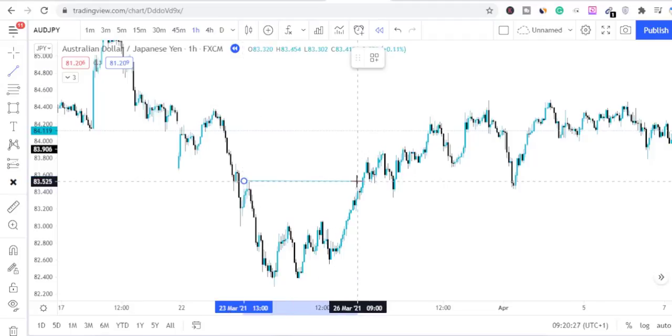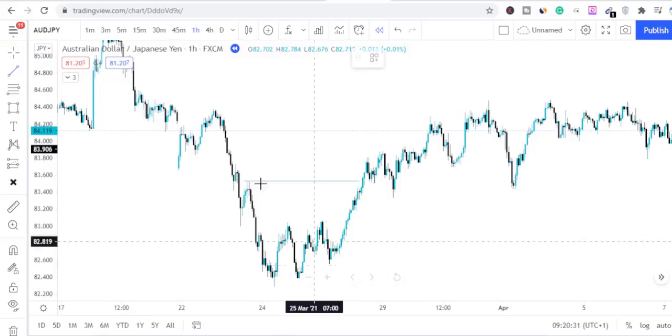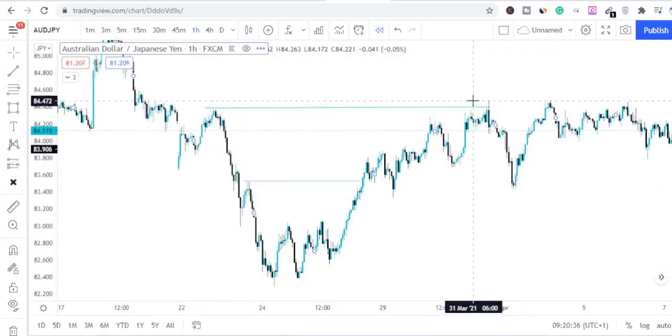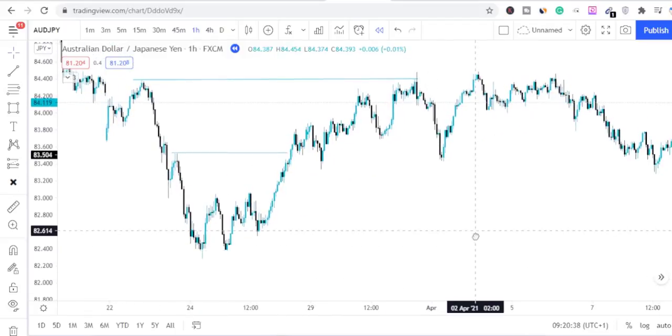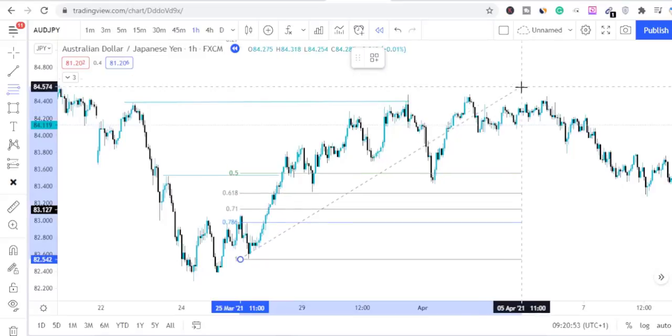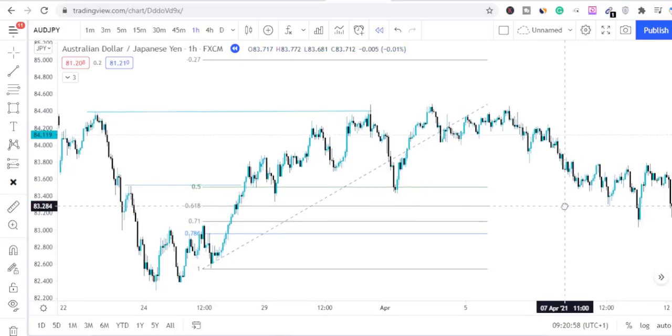You see that this last high has been taken out, and probably this one also was taken out by this week right there, right? So what we wait for is a discount level. So if I pull out my fib, the move actually started from this point, right? But let's take this one. So based on what we see now is this.